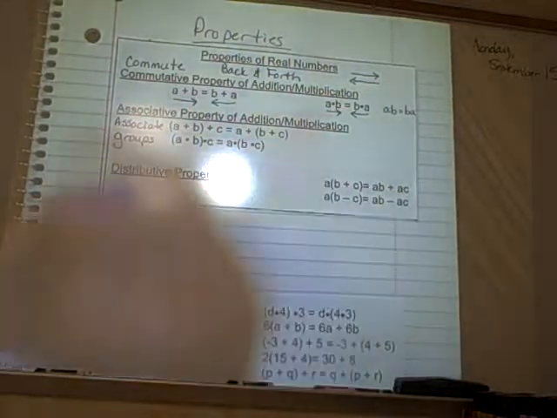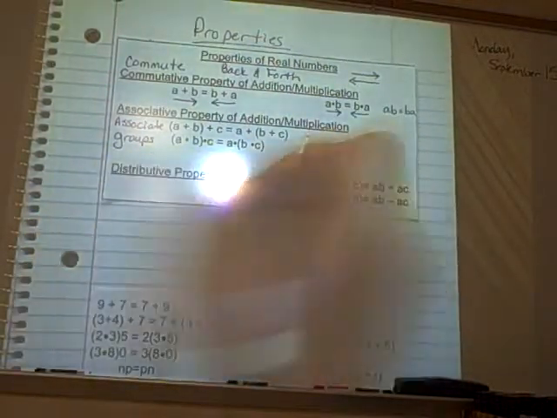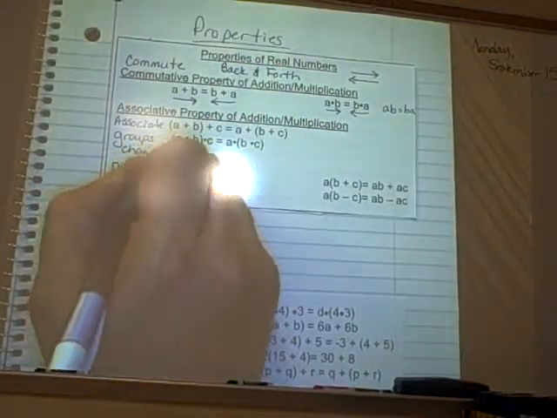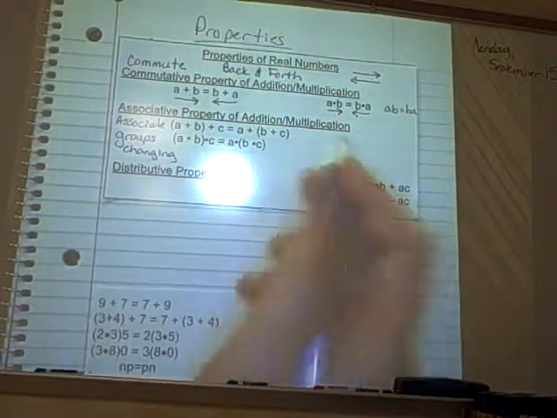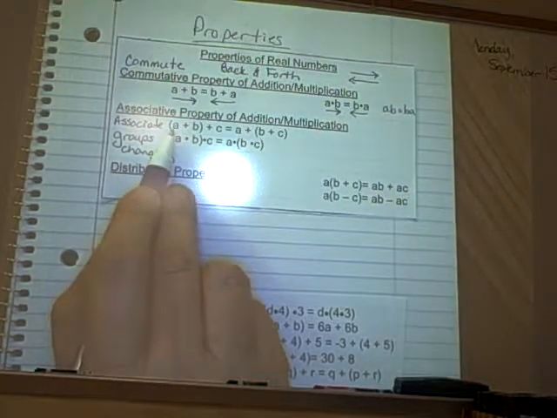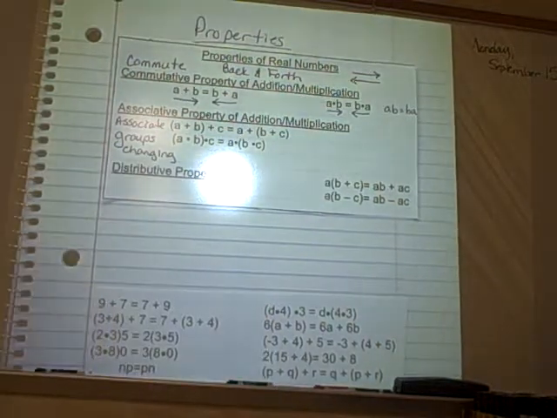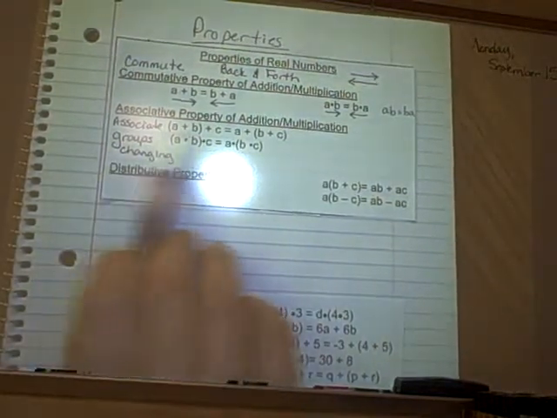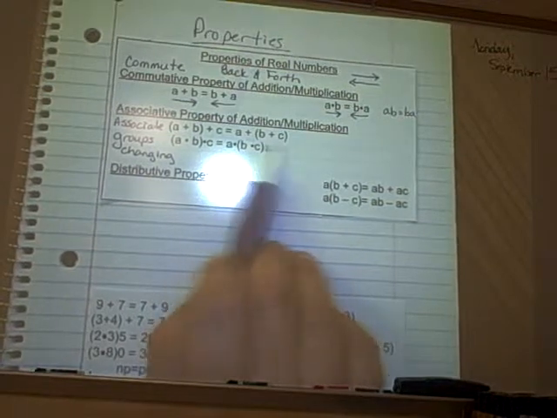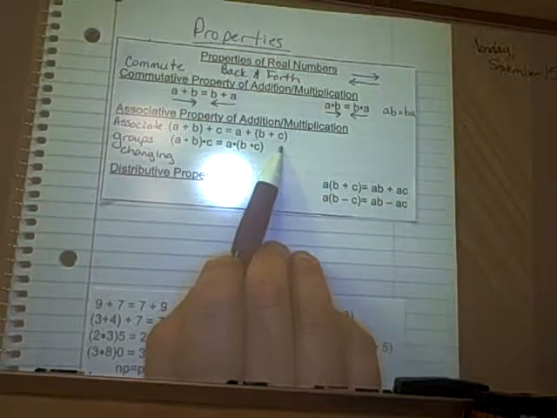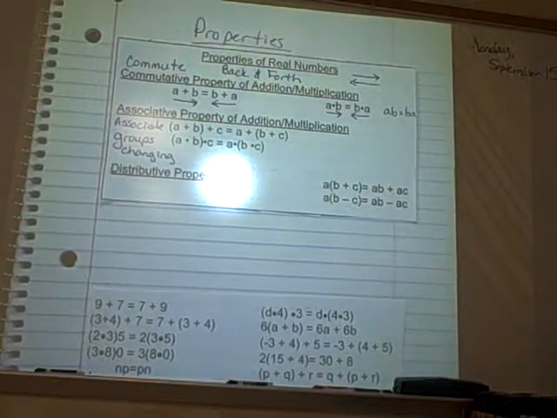And on these, the groups have to change. In other words, I have all the same players, A, B, and C, but we grouped them a little differently. On this side, A and B are hanging out, and on this side, B and C are hanging out. They're still all the same players.